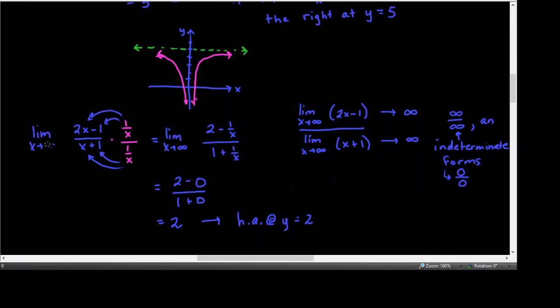I intentionally will write the infinity with a little bit of extra room between it and the arrow. So I'll write infinity out here. And after I get that, I might be thinking, well, as x approaches infinity, yes, it is definitely a horizontal asymptote on the right at y equals 2.